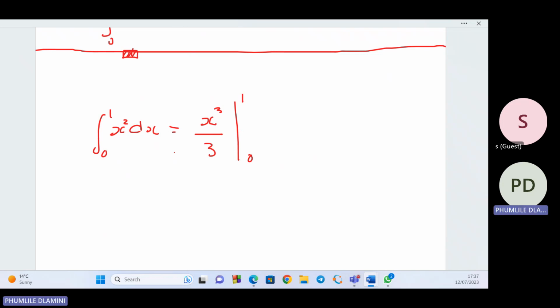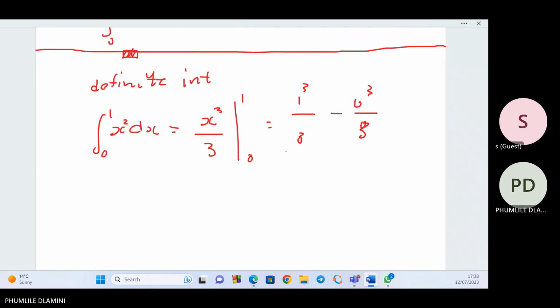This is what we call a definite integral. If we substitute 1 here, it's going to be 1 cubed over 3 minus 0 cubed over 3, which is equal to 1 over 3. So you still get 1 over 3.